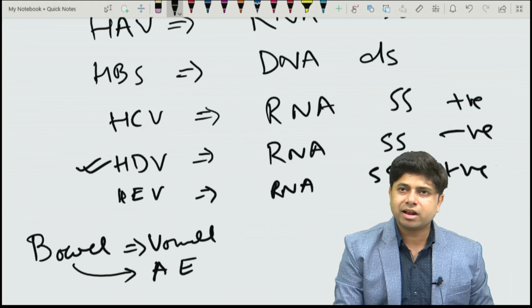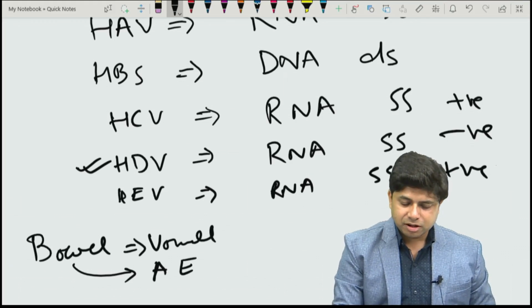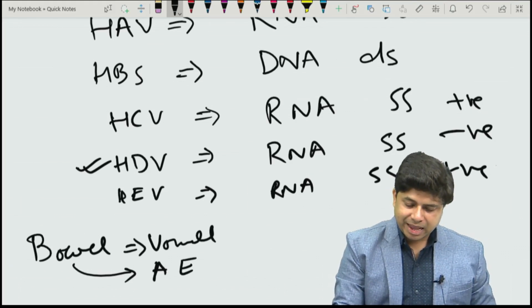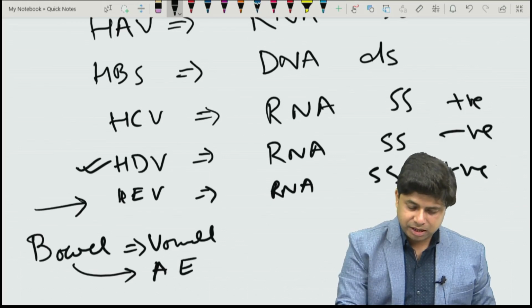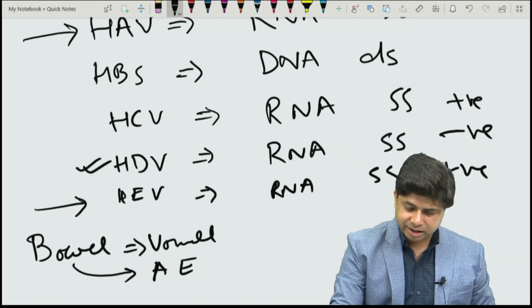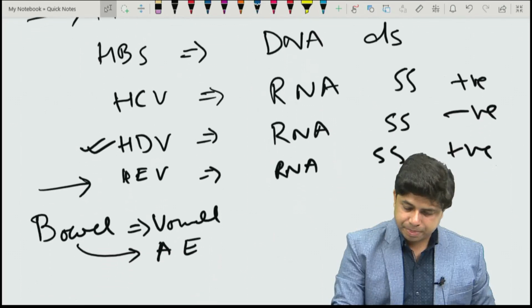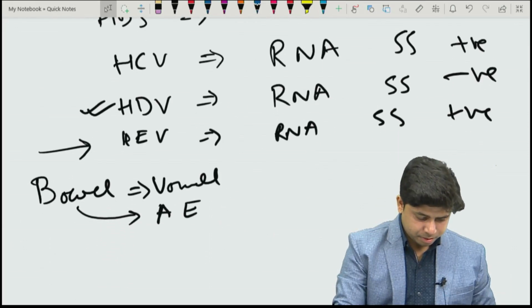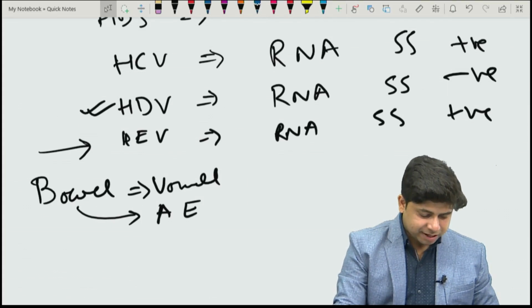So A and E are enterically transmitted, and that is the most important cause of large epidemics of acute hepatitis in the Indian subcontinent and elsewhere.